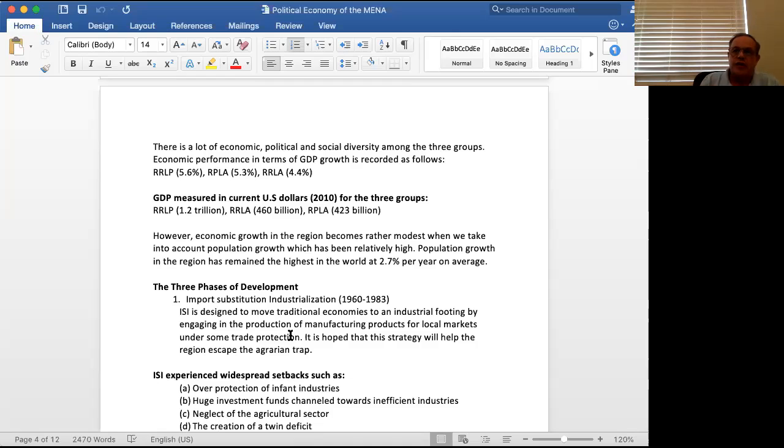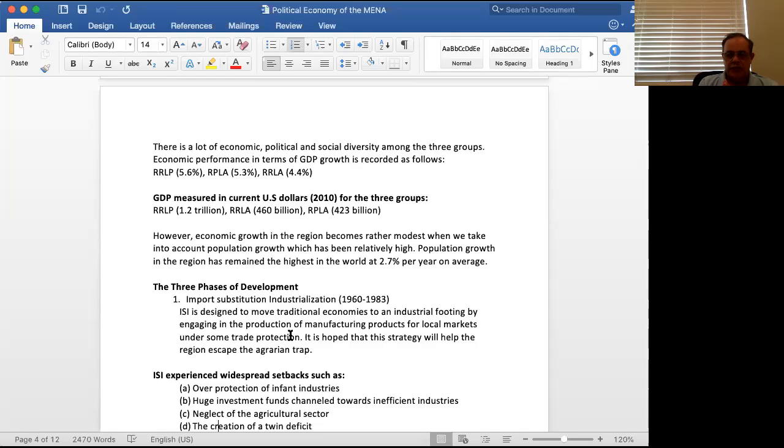In other words, it has not improved their standard of living for the simple reason that usually if you look at productivity or the marginal product of labor in agricultural areas, it is much, much lower than the marginal product of labor in industrial sectors.